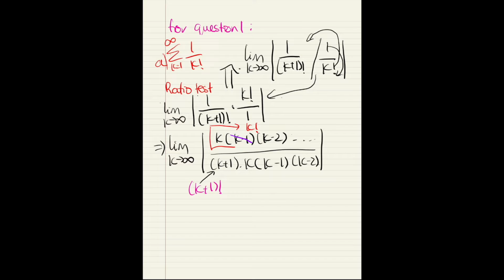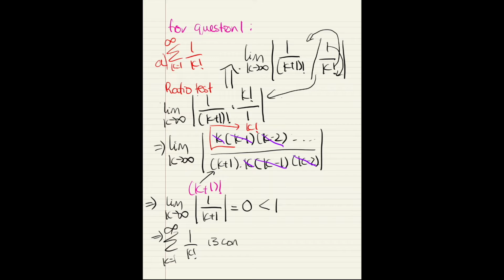The numerator cancels with the denominator. By that, it is left with the limit as k goes to infinity of 1 over k plus 1 absolute, which is 0. It's less than 1, so we can conclude the series converges.